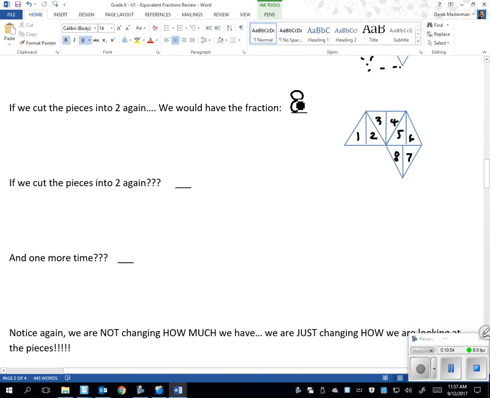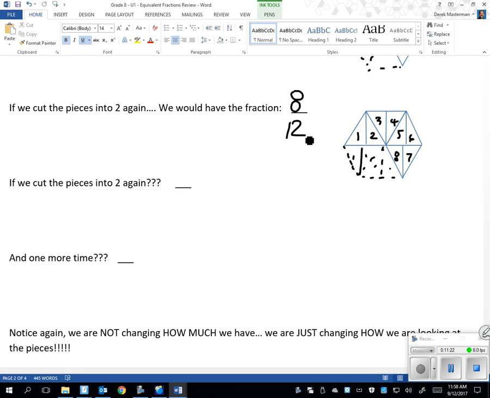And how much is each of those pieces worth of the whole? The whole would be 12. It would take 12 of them to make a whole. That's right. Notice I'm still missing 1, 2, 3, 4. 4 and 8 would give me the whole, which would be 12. So 12 pieces to make the whole, and I just have the 8.